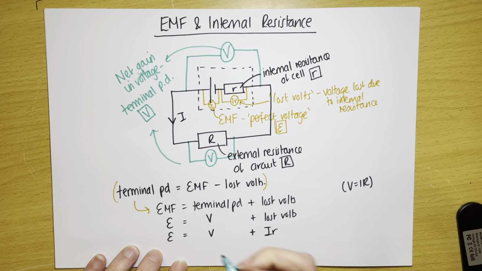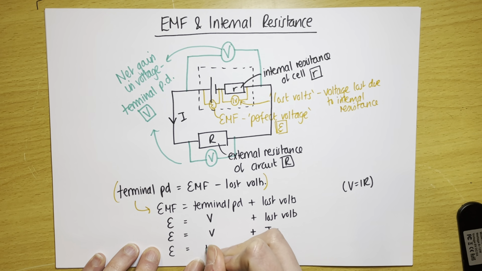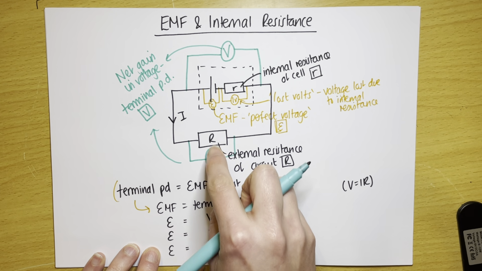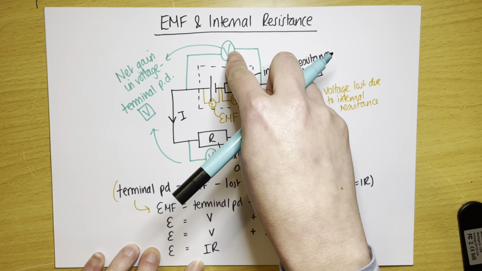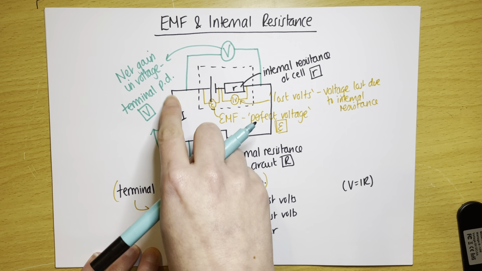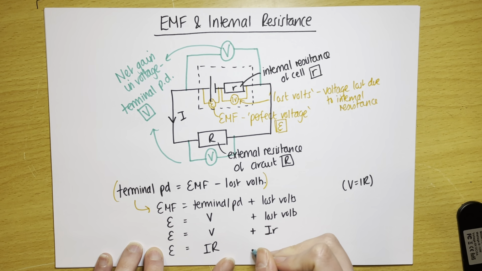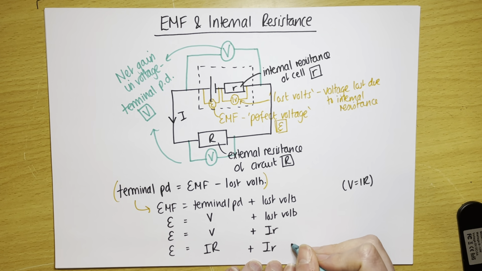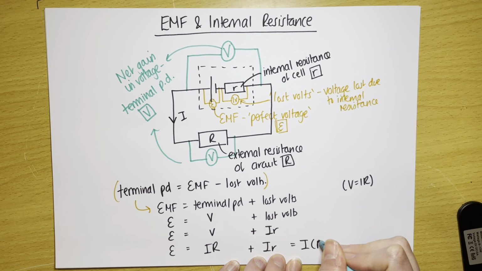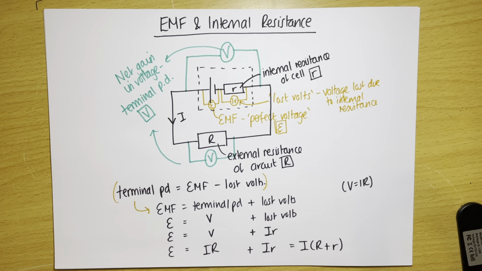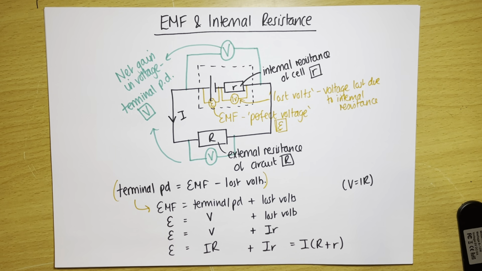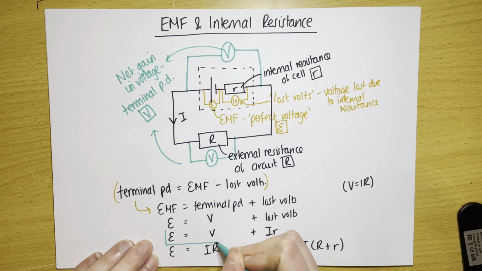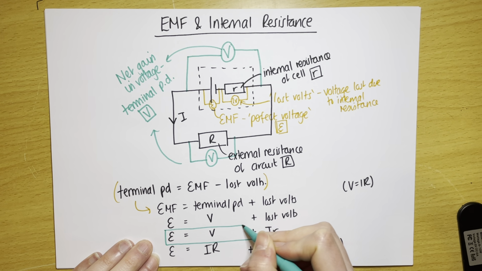Or I can go another step further and write the EMF equals I big R, because the terminal PD is the voltage across the whole cell or across the external resistance, plus I little r. Or I can write that as I times R plus r. So these are all the different equations you can use, and the ones we're going to be using in the questions later.